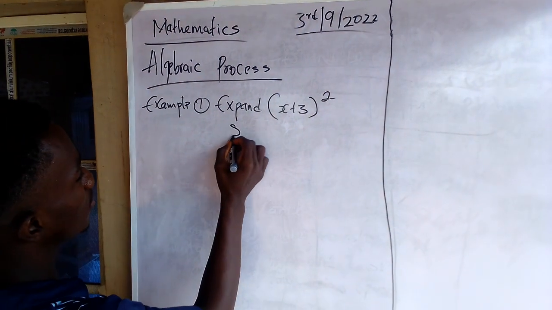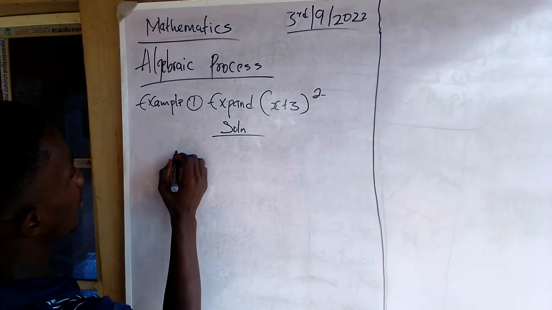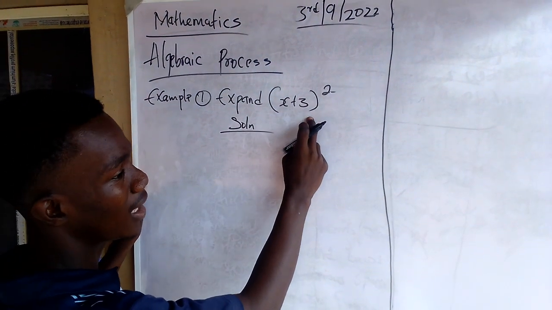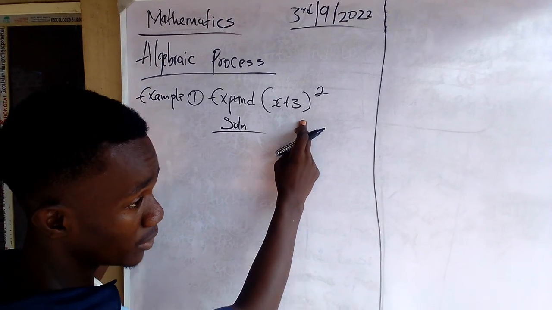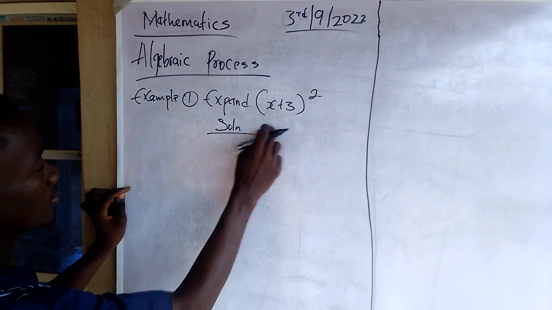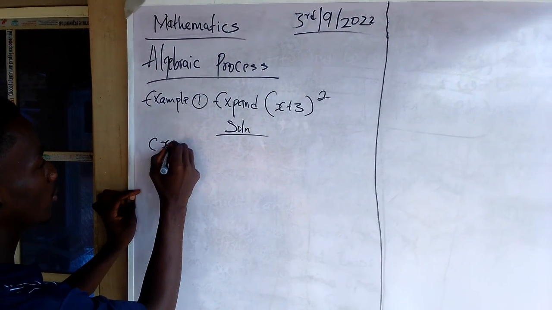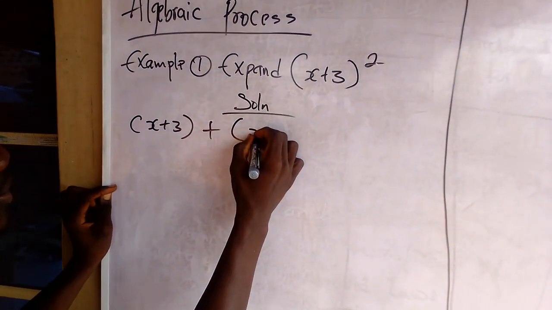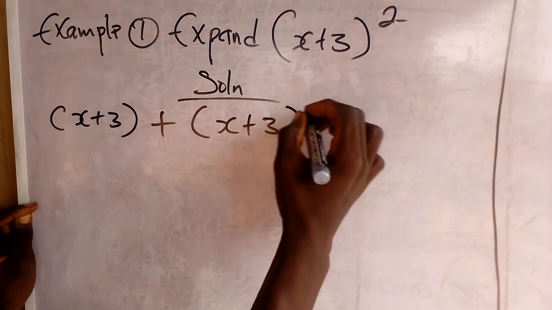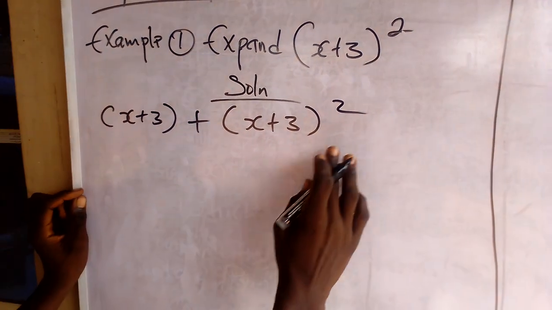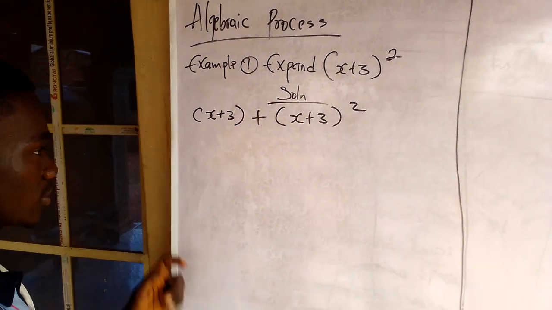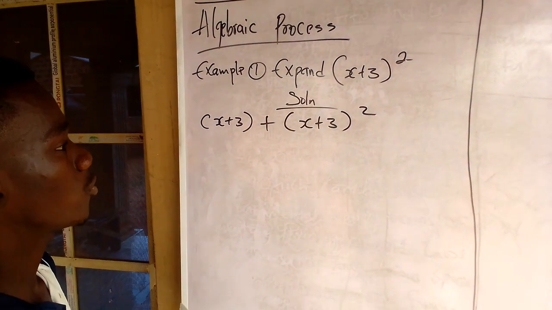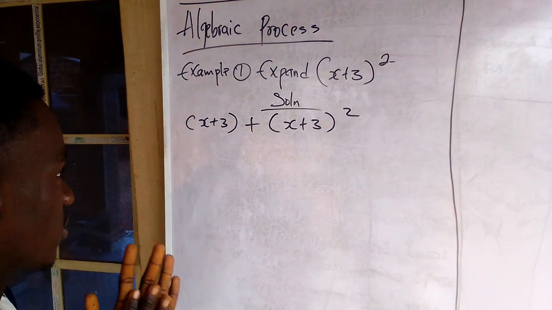Solution: when they say square, it means this number has to be represented in two places. You bring your (x + 3), you multiply it by (x + 3), so this particular number is being written twice. So what do you do next?